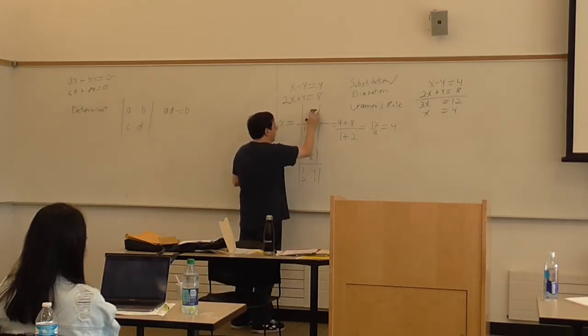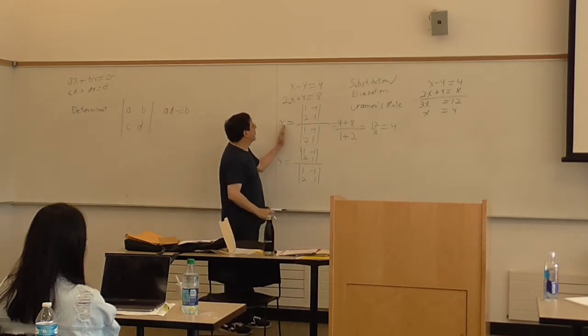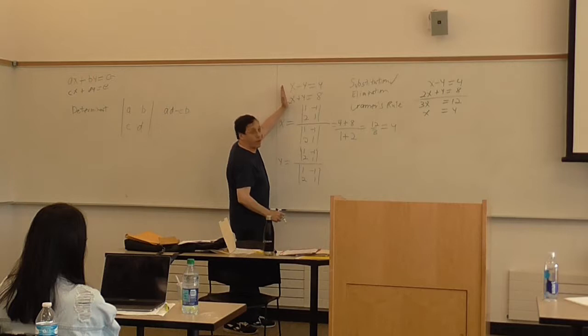Let me do it a different way. I just write down the same as the denominator, right? You know where that came from, right? It comes from these 4 numbers. Now for x, I look at where the x's are. They're over here.